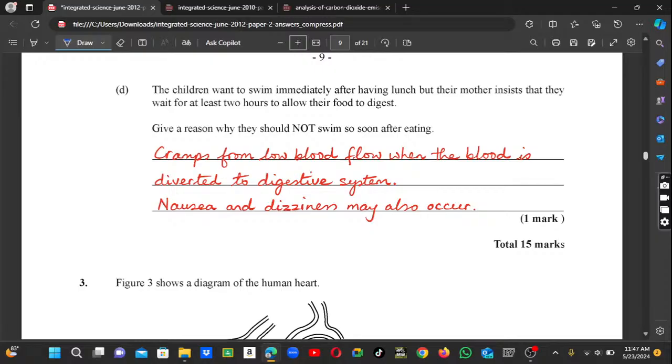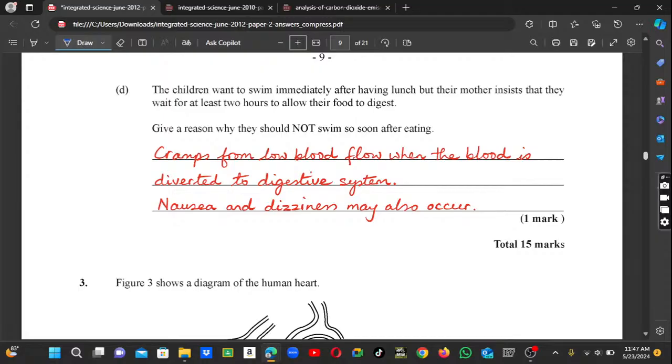Especially kids, they love to go ahead and play, but this is not good for them, guys. Remember, your food needs to digest. It would be best for them to let their food digest, because they would have problems further on. So we need to give a reason why they should not swim after eating, perhaps.